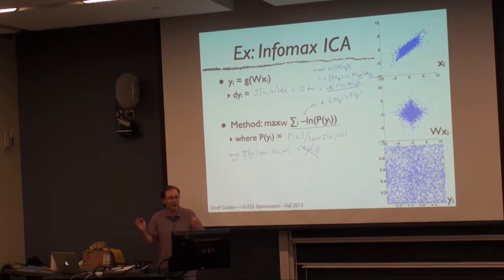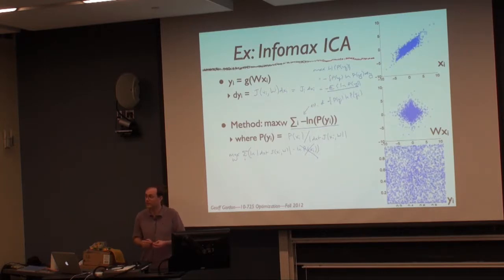If you spread it out, then it's going to have low probability. And so we wind up maximizing with respect to W the sum over our training examples of the log of the absolute value of the determinant. We cancel that minus sign with the log of 1 over, and then minus the log of p of x. But if you remember, p of x doesn't depend on W, and so we can just drop it and maximize that first term. All right?